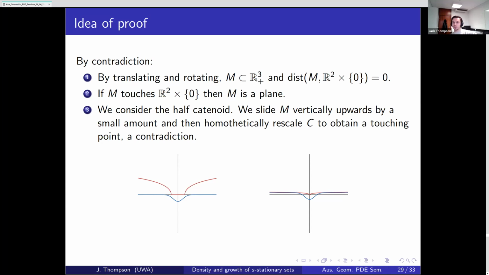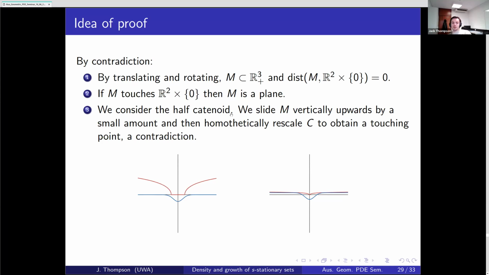And then I can also translate it up so that the distance between my surface and the plane, R^2 times 0, is 0. So I'm as close as I can get to the boundary of the half space. Now, immediately, if M touches the plane, the strong maximum principle for minimal surfaces implies M is a plane, and we're done. So instead, we assume that there is no touching point.